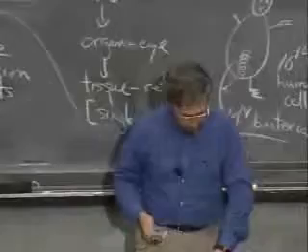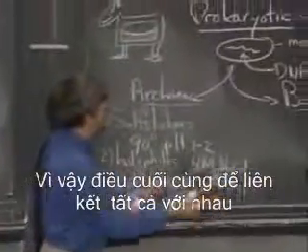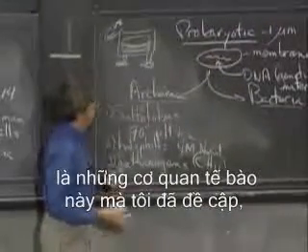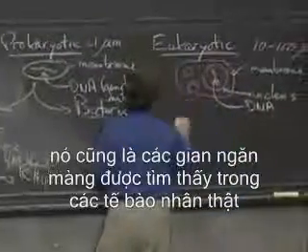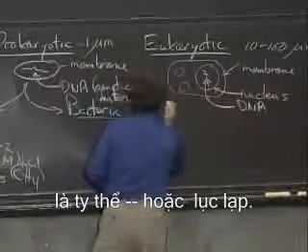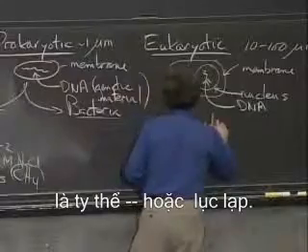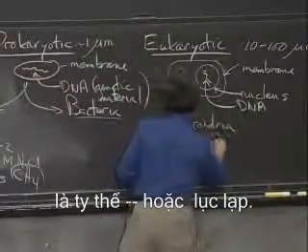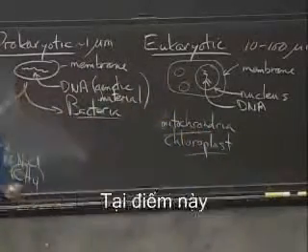Okay, so one last thing, just to pull this all together. The organelles that I mentioned, which are also membrane compartments found in eukaryotic cells, are the mitochondria or chloroplasts.